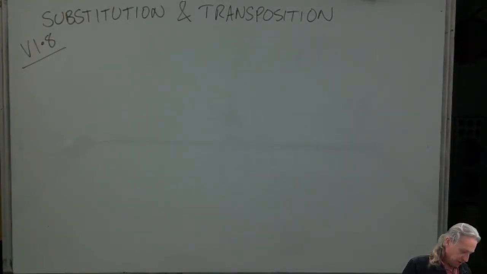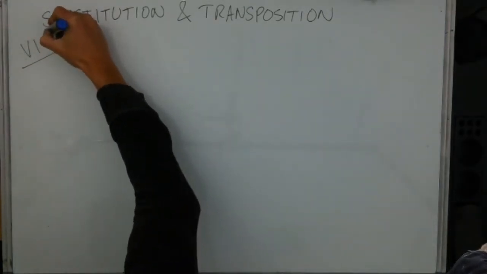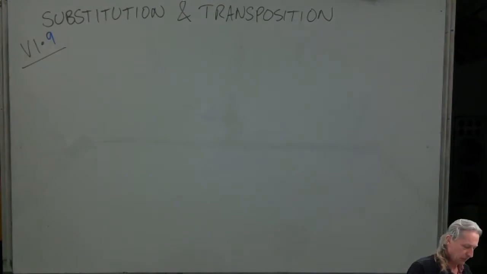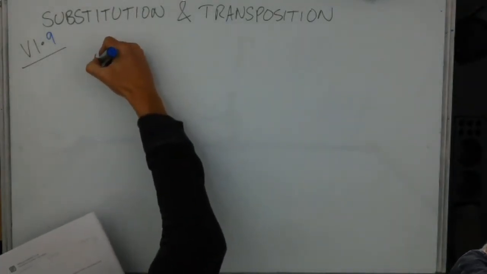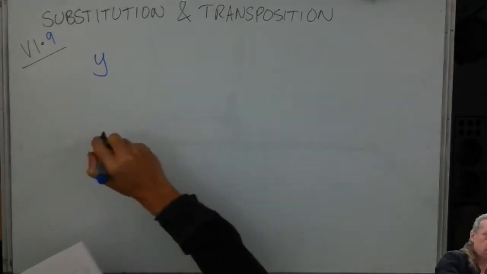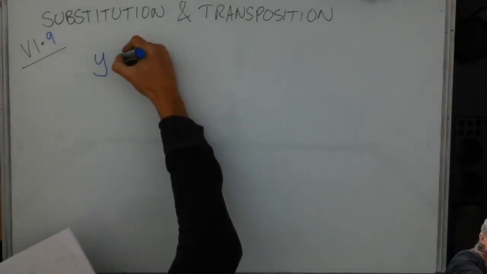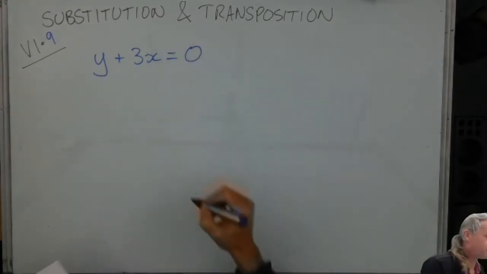Okay, so there is a worked example in the book that we'll just go to. Here we go, 1.9. We'll just do these one at a time. So now we've got y plus 3x equals 0.